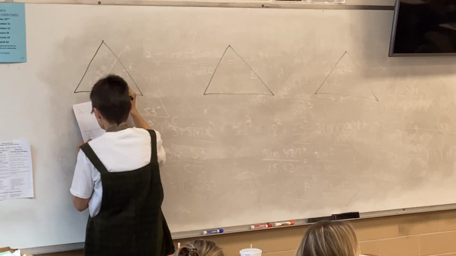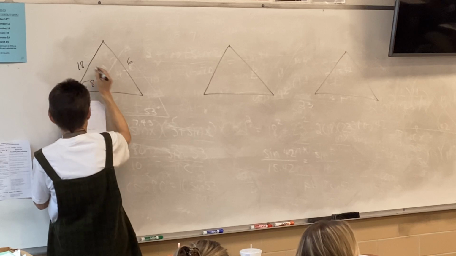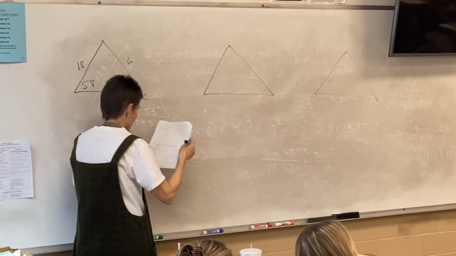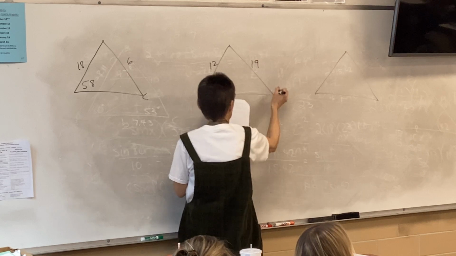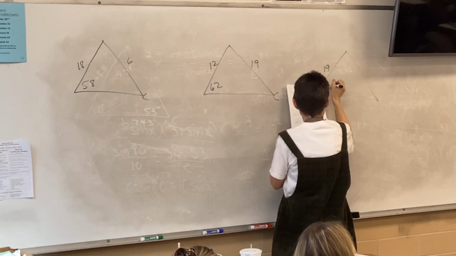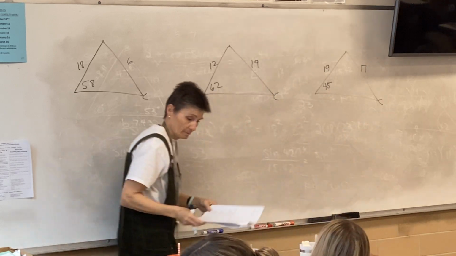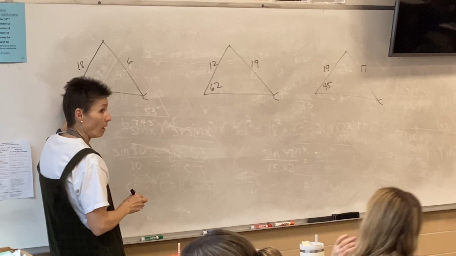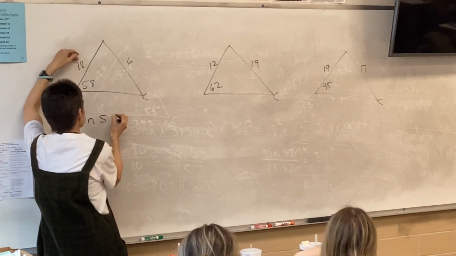The first one is this. Hopefully, when you look at these, you see a pair. Do y'all see a pair? So that's going to be a law of sines. So here you go.